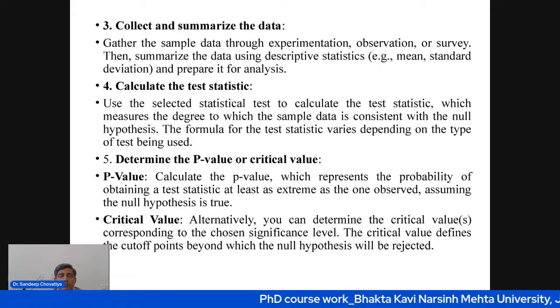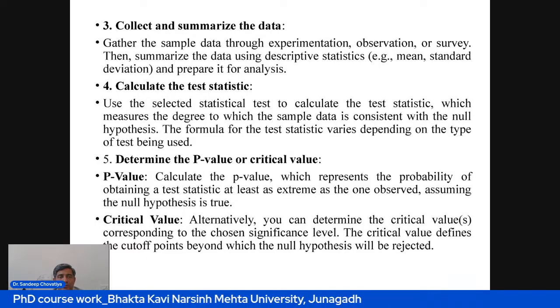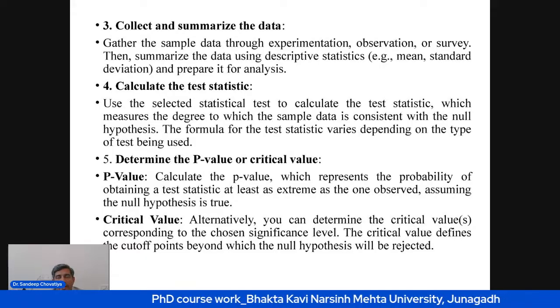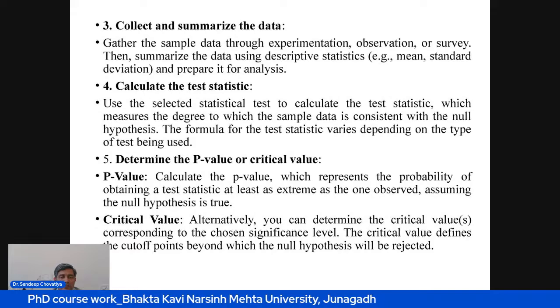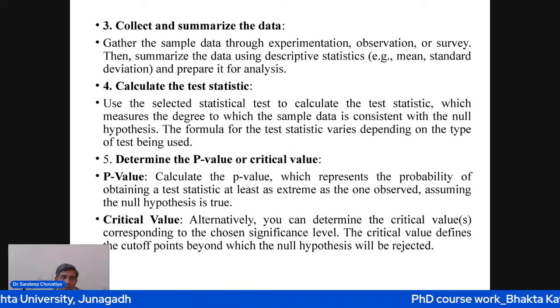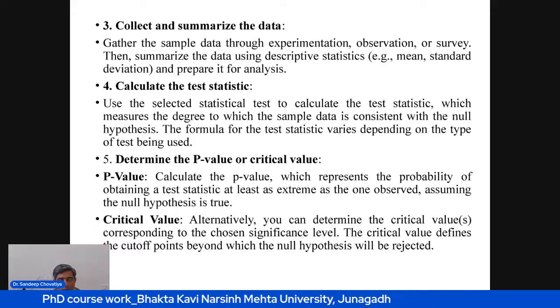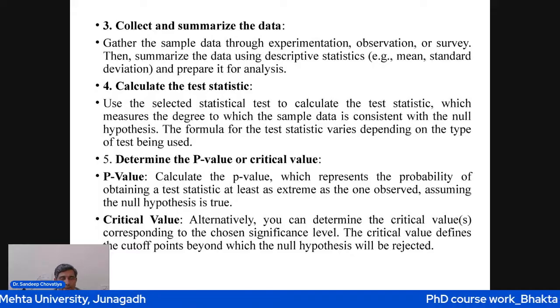Here we use the selected statistical test to calculate the test statistic, which measures the degree to which the sample data is consistent with the null hypothesis. The formula for the test statistic varies depending on the type of test used. So different formulas are used to analyze our data further. This comes under calculation of test statistics.